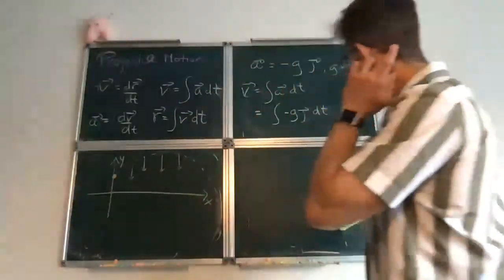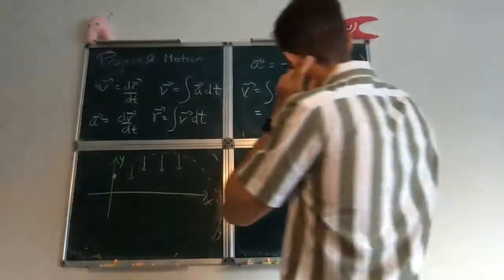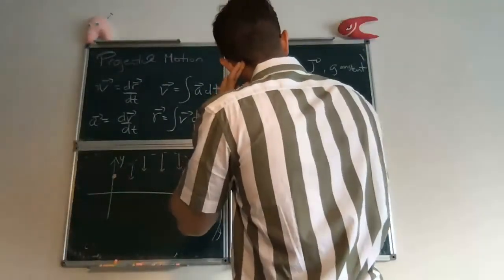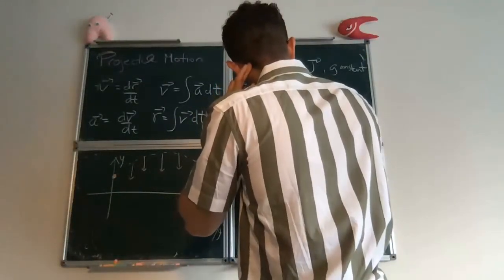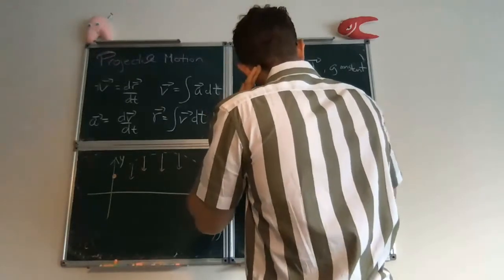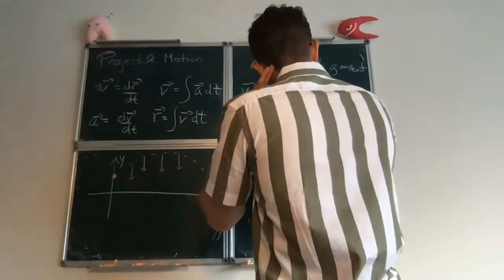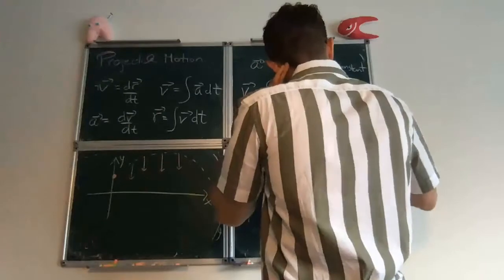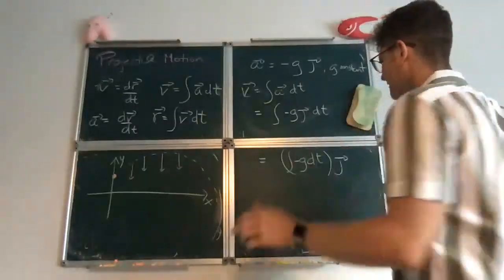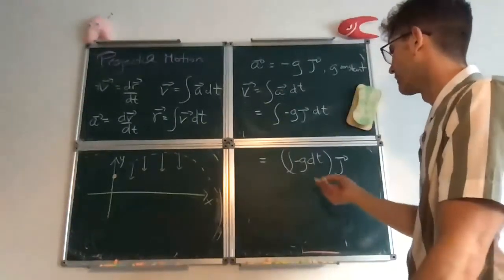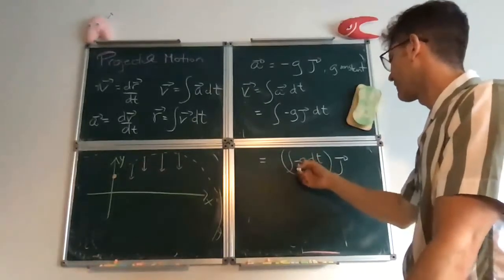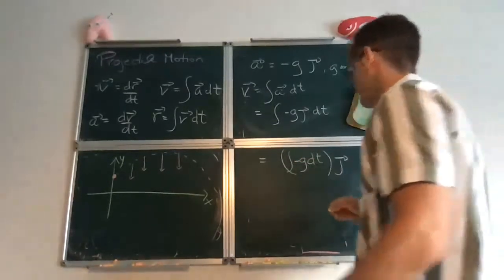And again, you almost ignore the j for integration purposes. So it's just like integrating minus g dt times j. So j is like a constant. You can take it out of the integral, and so this is just minus gt.